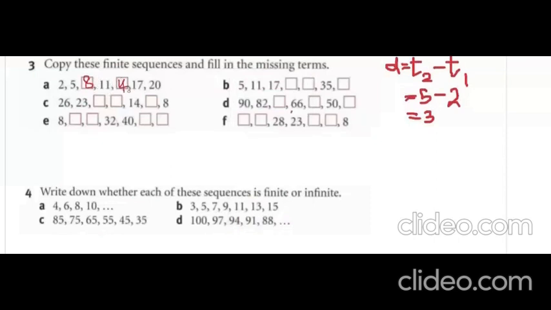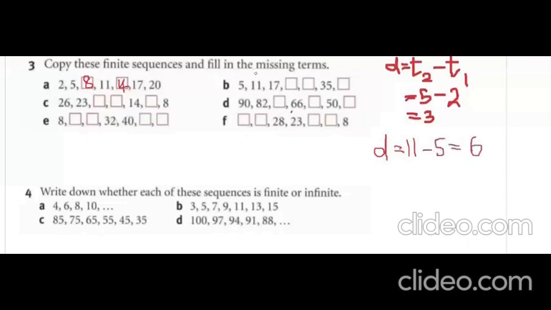This is an increasing sequence. We are adding 3 between each term. Next we go to question B, 5, 11, 17. So this is also an increasing sequence. So for this, the difference is 11 minus 5, which is 6.